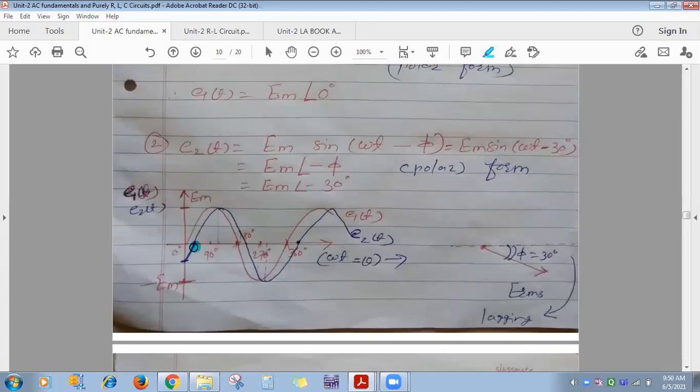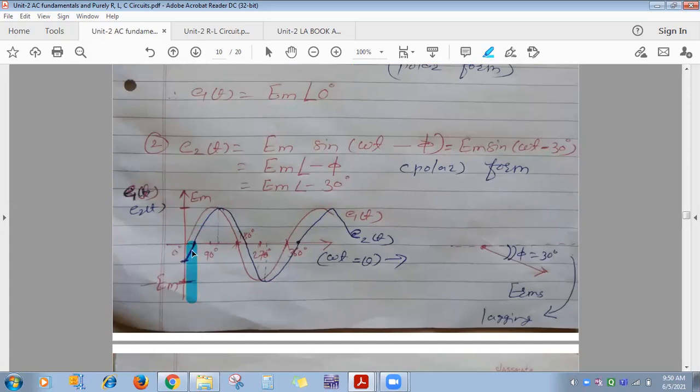So the red waveform here is E1t, which we have seen a number of times. E2t, the blue one: if you observe at the origin, along the x-axis positively increasing, that angle is 30 degrees. So this angle is 30 degrees.